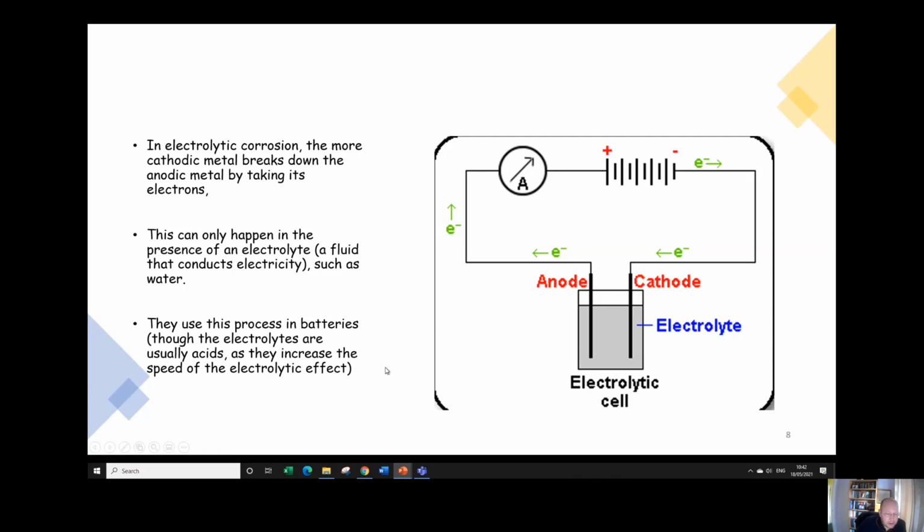How acidic or alkaline the water or the material that the anode and cathode are in would increase the speed of the electrolytic action. As with the temperature, if it's hotter, generally the electrolytic action is quicker.